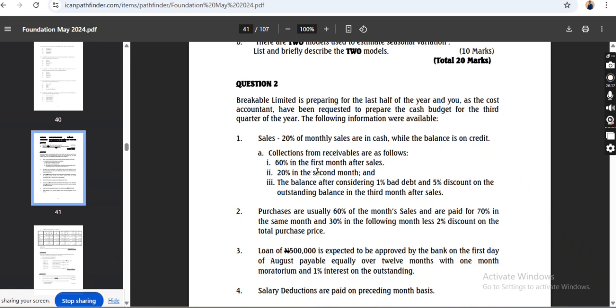Now we move on. What is the receivable? Receivable says that 60% in the first month after sales. Class, what is the first month after sales? May. Good.